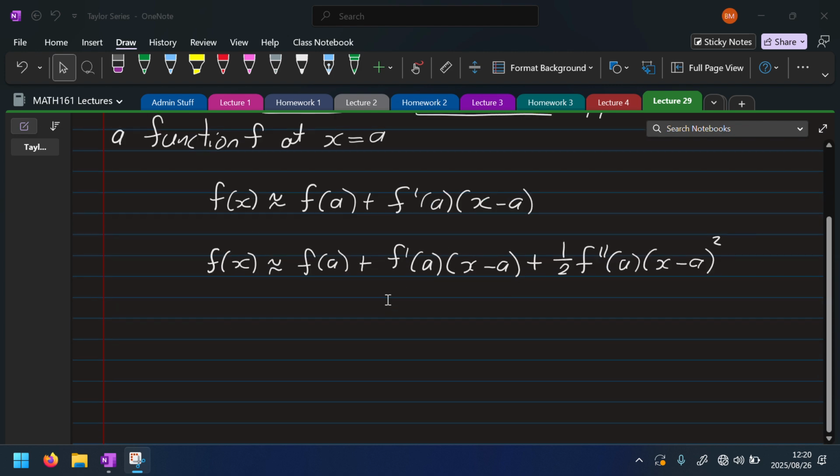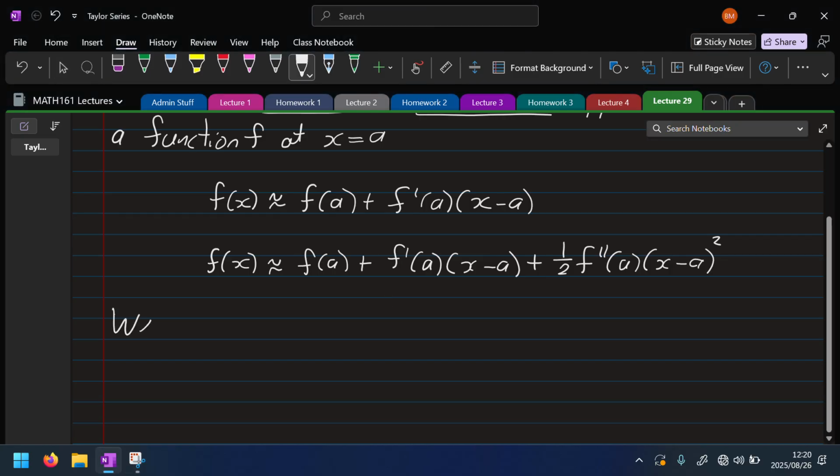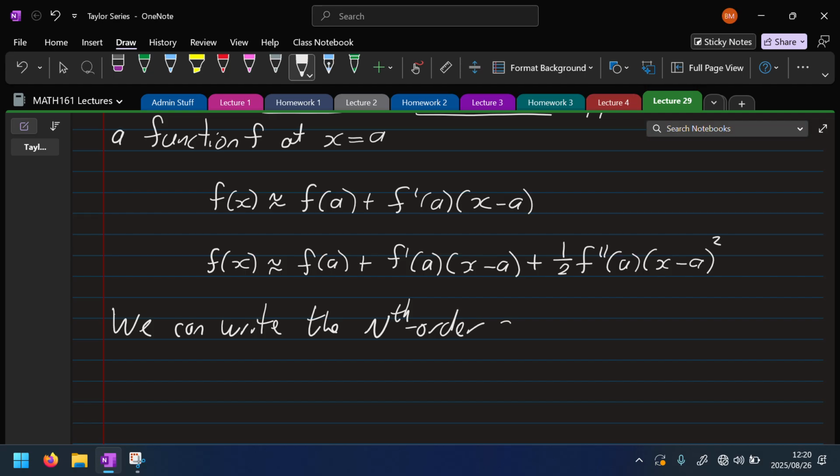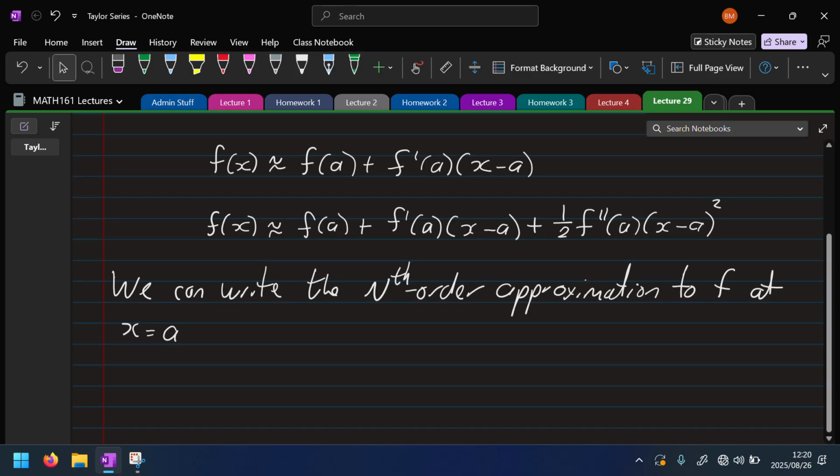Okay, now we can extend this pattern to the nth order approximation. So we can write the nth order approximation to f at x equals a. Okay, so here we're going to have the sum up to n because there's going to be n terms.